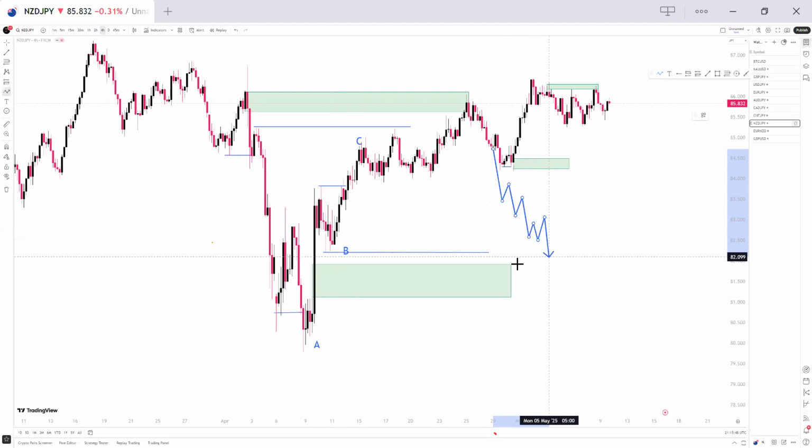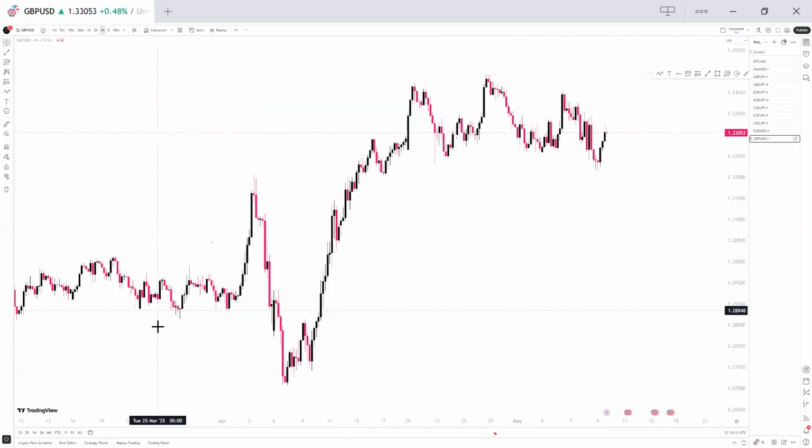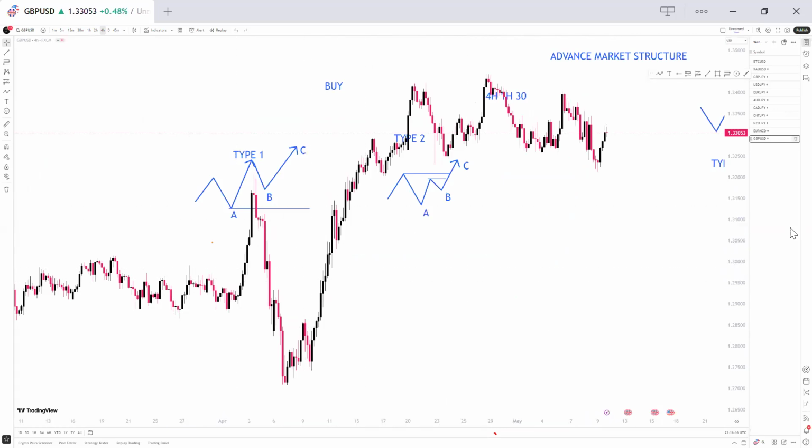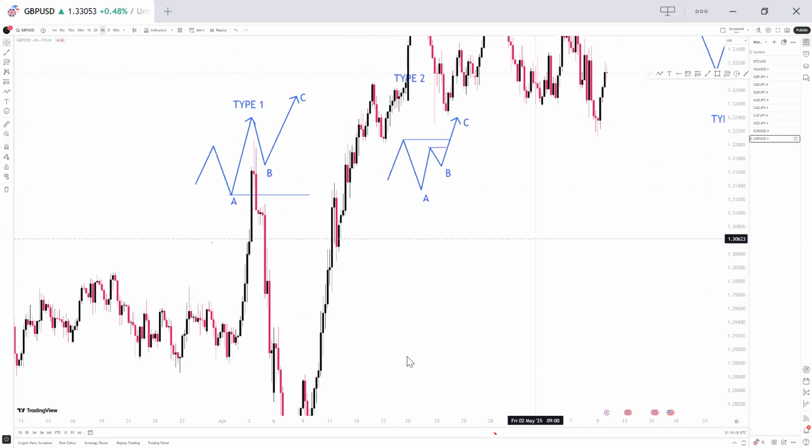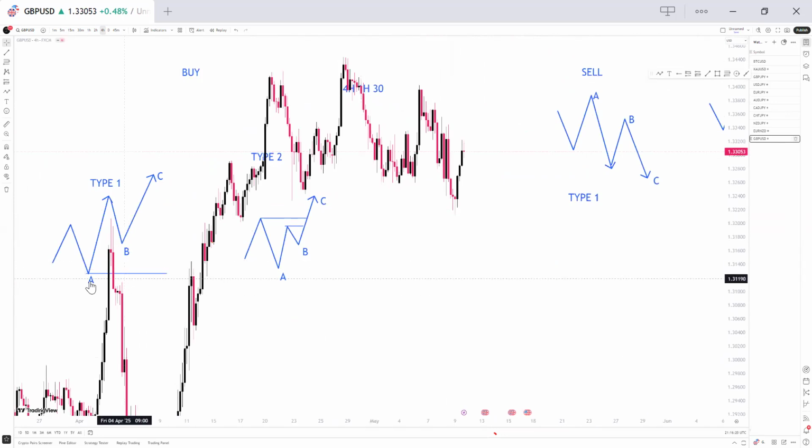Price will just come and take you out because it's coming to this place. You may think that price has already started buying and you are missing out. You are not missing out. Price will just come to this place first, then buy. You will now start feeling bad, asking why you didn't wait for your main zone. Understand? So that's it. This is type 1 for buy side. You can see type 1 for buy side.